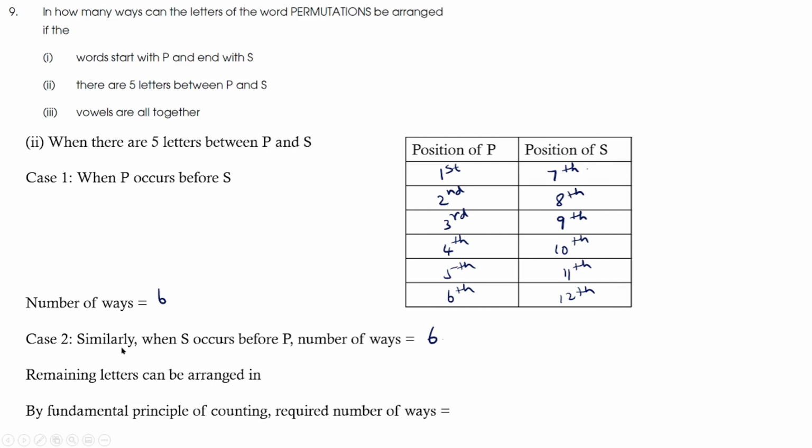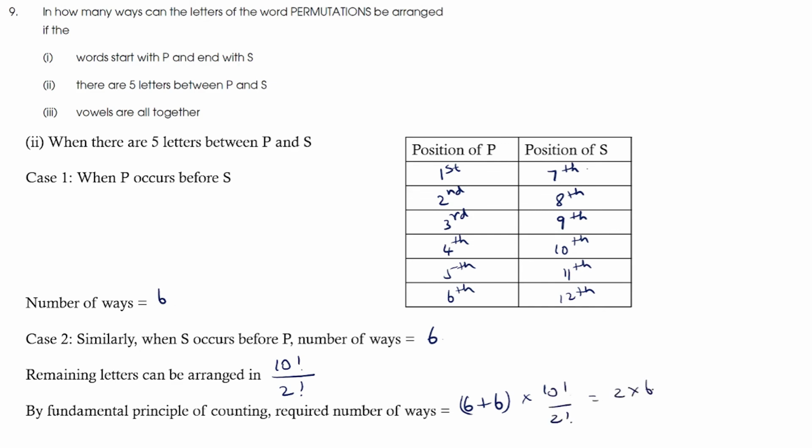So we have these two cases and the remaining letters. If we leave out this P and S, remaining we have 10 letters. The remaining letters can be arranged in 10 factorial upon 2 factorial ways, because T is repeated here. So by the fundamental principle of counting, the required number of ways will be 6 plus 6 into 10 factorial upon 2 factorial.